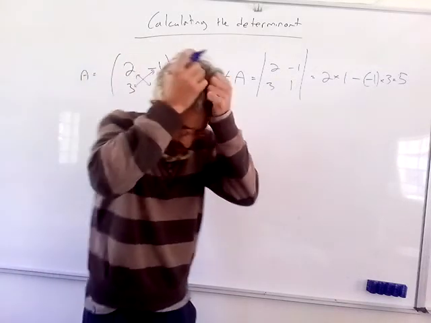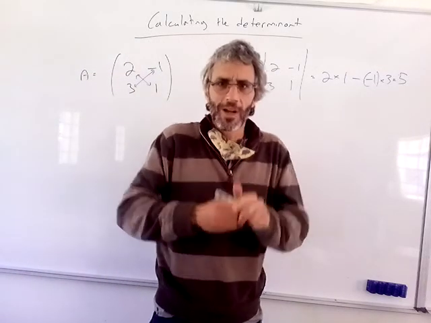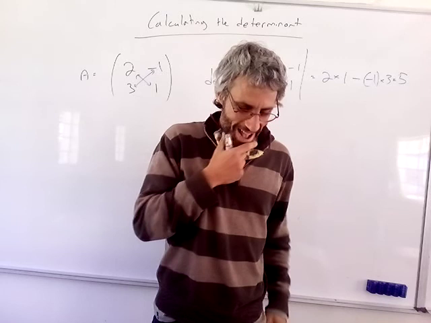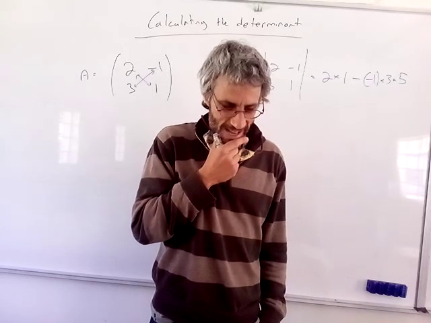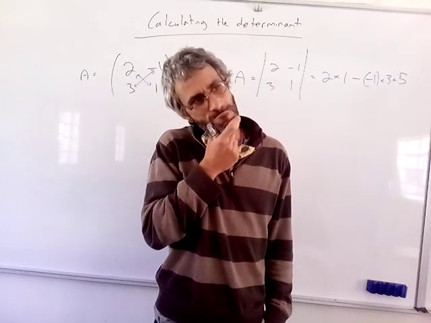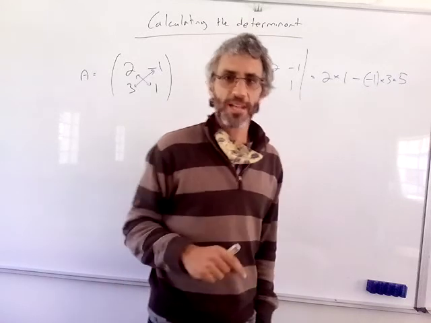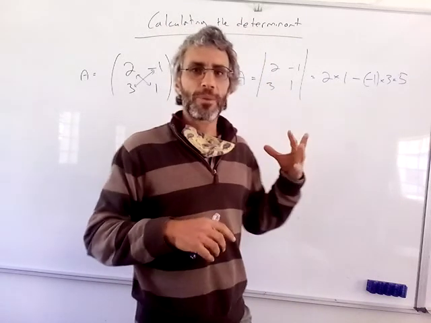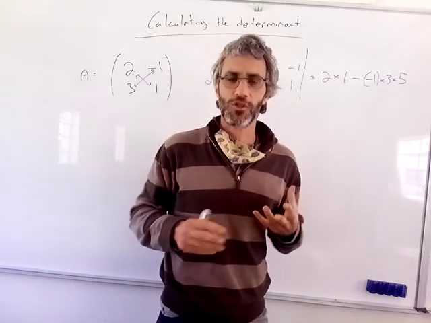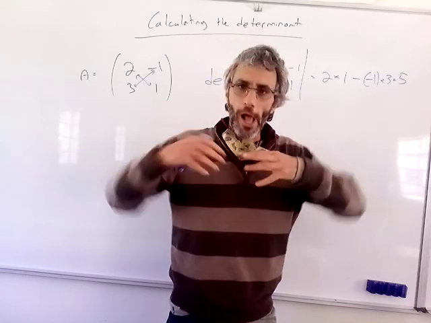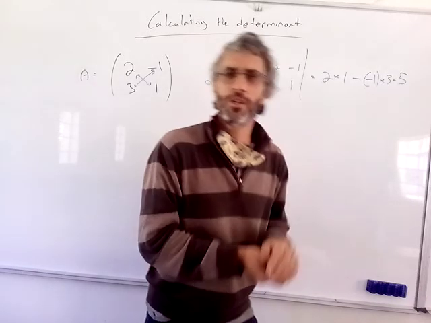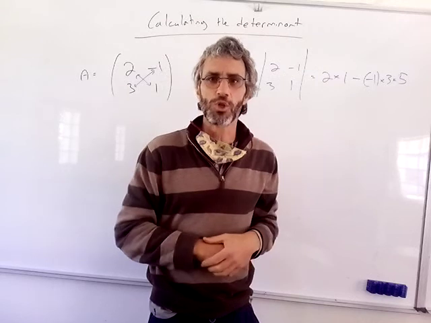Now, I probably should have said before I did that, what's the determinant? As you will see in the next lesson, next week, the determinant will help us find something called the inverse matrix, which helps us eventually solve those simultaneous equations that I showed you.